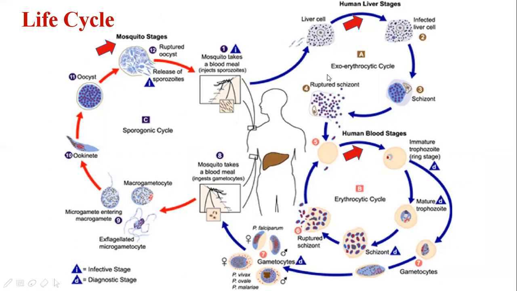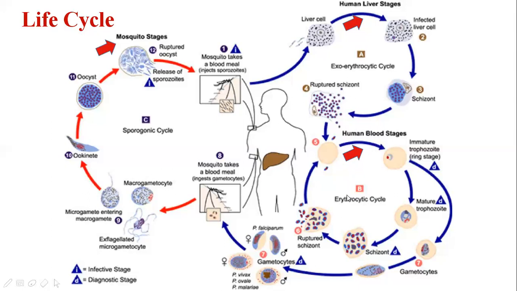In the human, there are two different cycles: the exoerythrocytic cycle, performed in the liver of the human being, and the second one, the erythrocytic cycle, performed in the red blood cells of the human being. So overall, there are three different cycles performed in two animals. One is in the mosquito, and the other two are in the human.